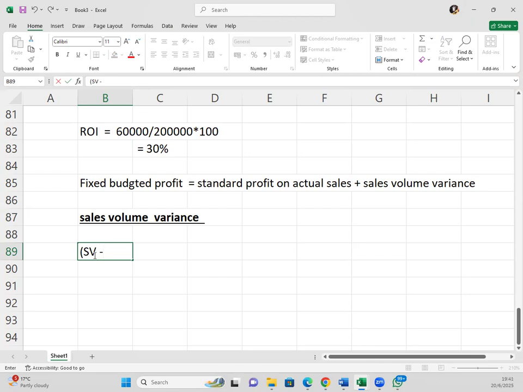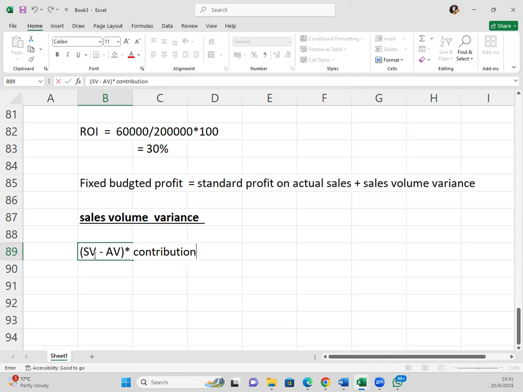minus the actual volume times. Now this depends whether it's sales volume what. If it's sales volume contribution variance, you multiply by contribution. We have two types.